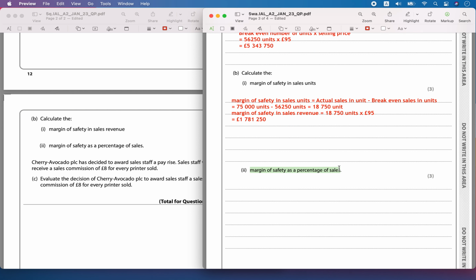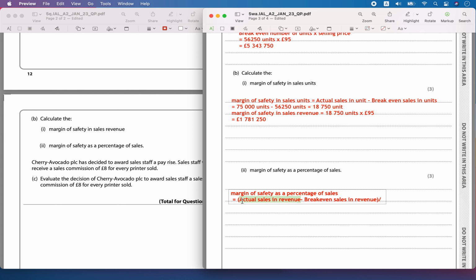It will be equal to the actual sales in revenue minus the break-even sales in revenue, divided by the actual sales in revenue.